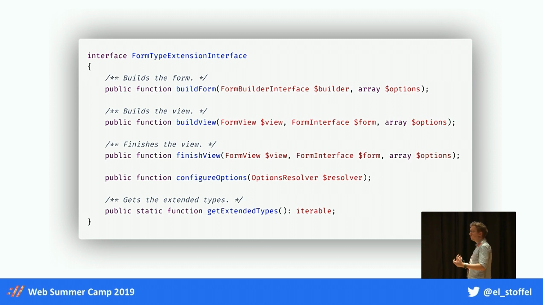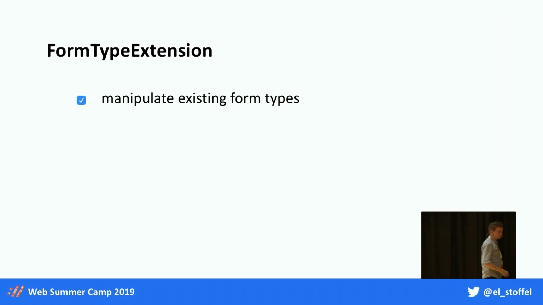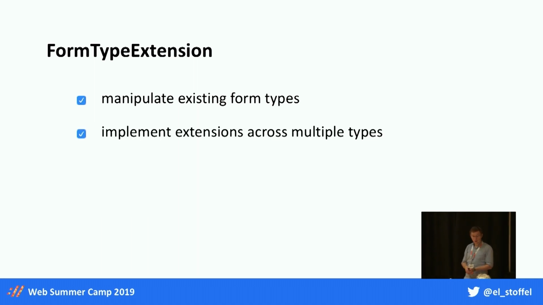So if you want to change the structure, the view or the options of the text type, which is defined by the core extension of Symfony, you are able to do this using a form type extension. So form type extension is pretty useful if you want to manipulate existing form types, which you did not write yourself, or implement behavior or structure across multiple form types.